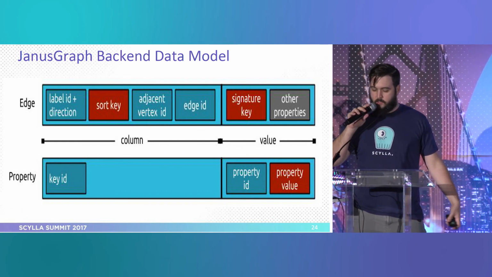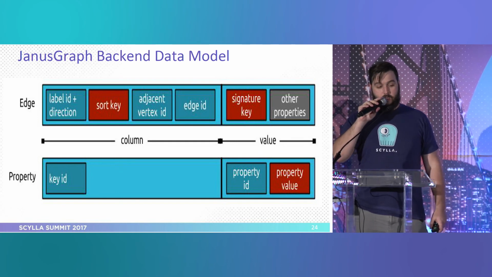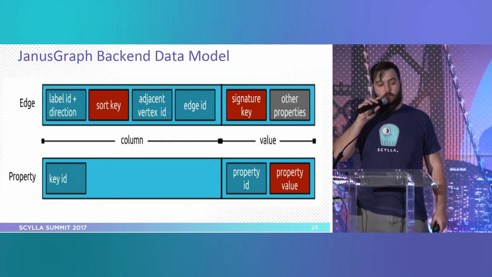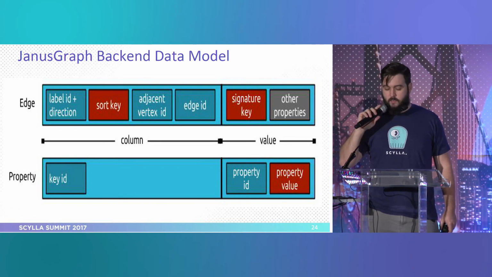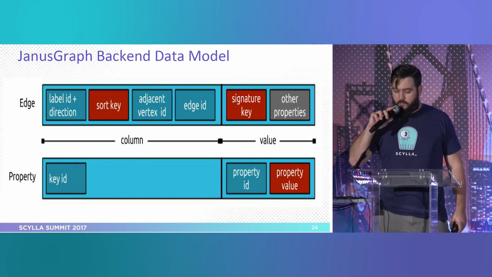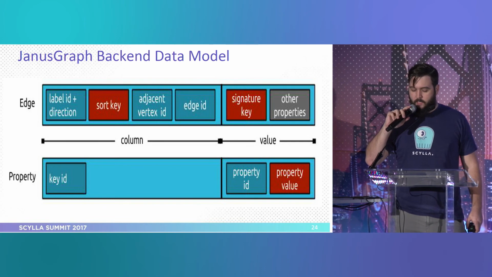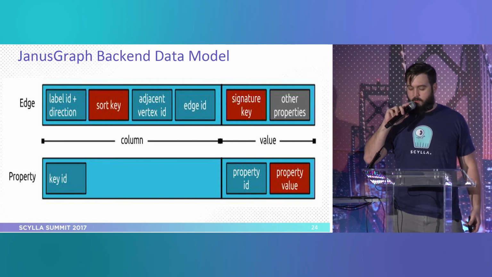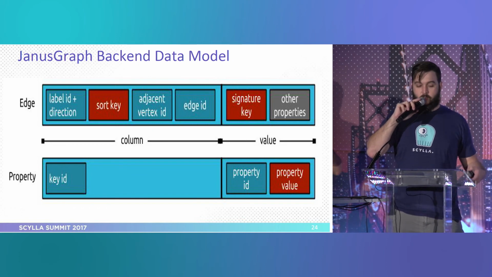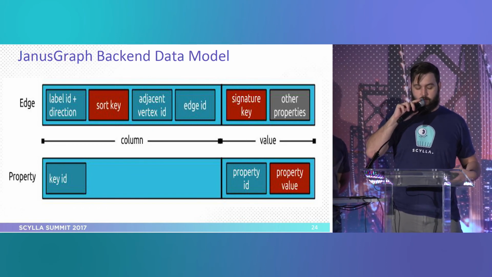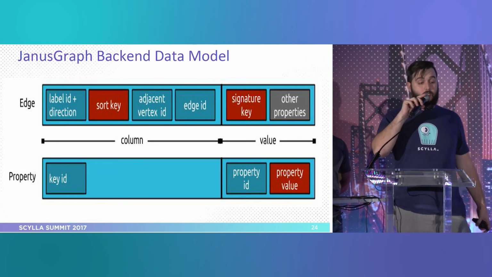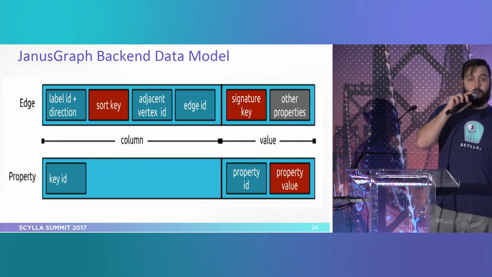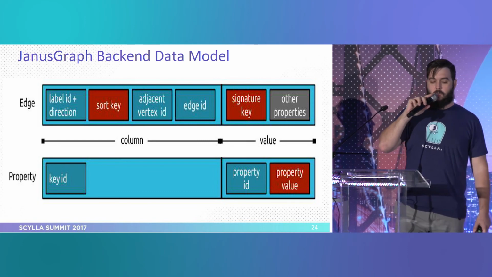The blue boxes in this photo are stored with a variable length encoding to save space. The red boxes basically store one or more property values. And the gray boxes are actually the uncompressed property values themselves. Property storage is simple, quite a bit simpler than storing an edge.